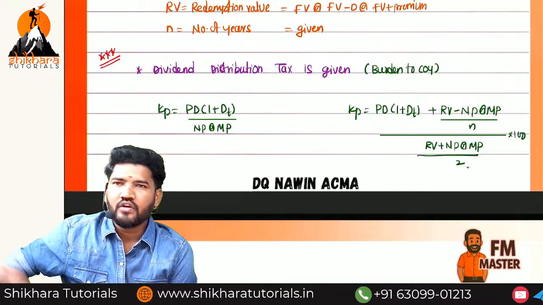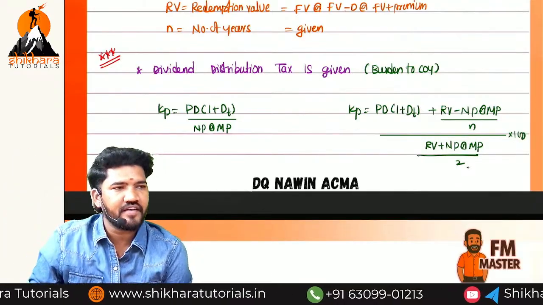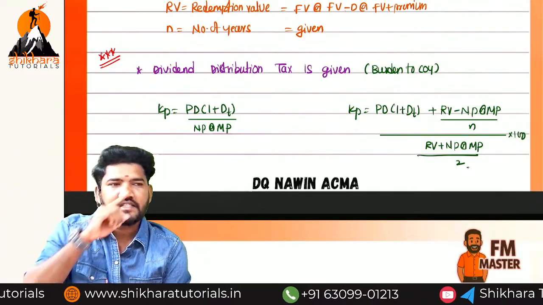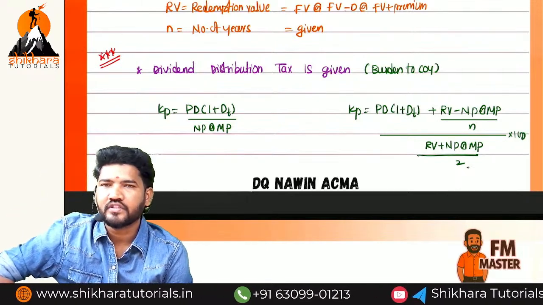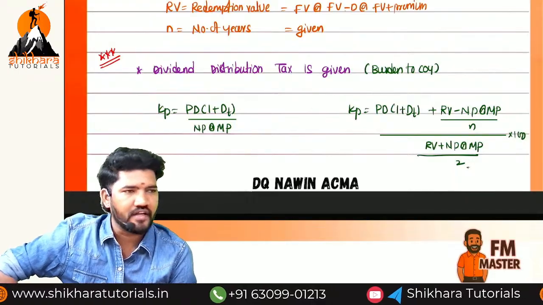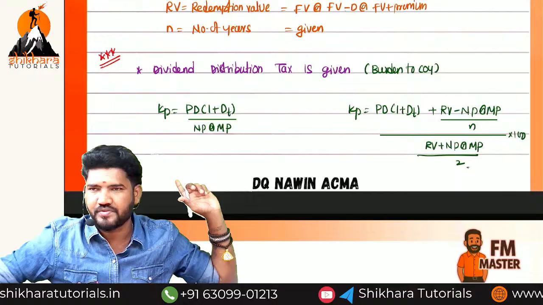Now the company tax rate affects KD. Dividend distribution tax affects KP. Personal tax affects KR. What is KR? Retained earnings. Clear? For that point I will write at the end of all the concepts.